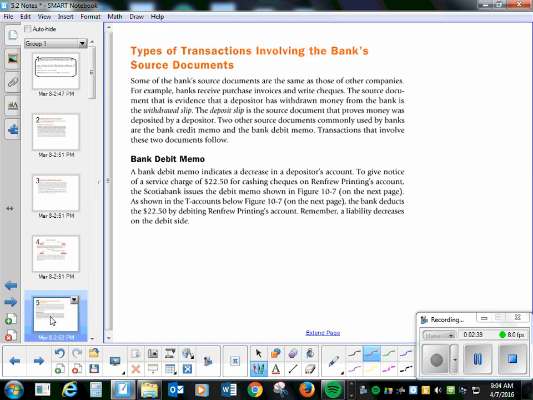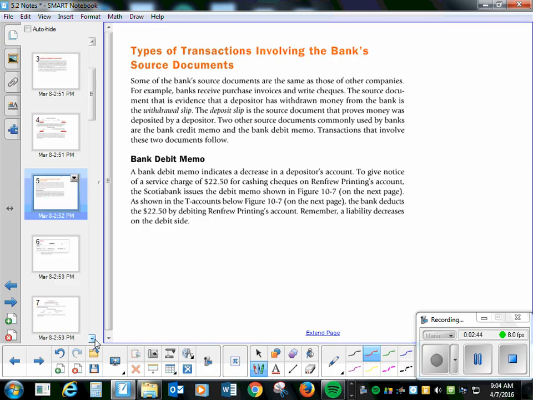A bank, the main types of transactions that they do, the first thing is called a bank debit memo. A bank debit memo indicates a decrease in a depositor's account. To give notice of a service charge of $22.50 for cashing checks on Renfrew Printing's account, the Scotiabank issues a debit memo, as shown in the T accounts on the next page. The bank deducts the $22.50 by debiting Renfrew Printing's account.